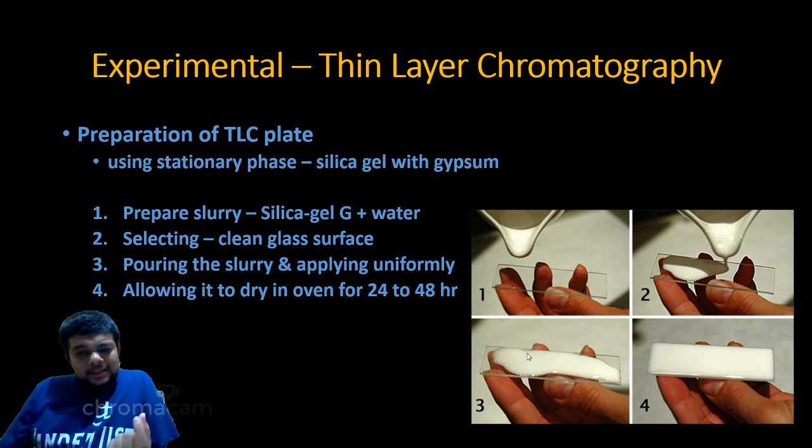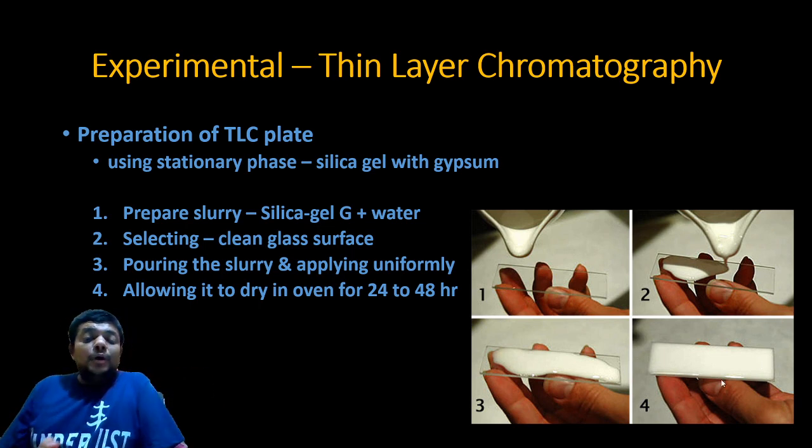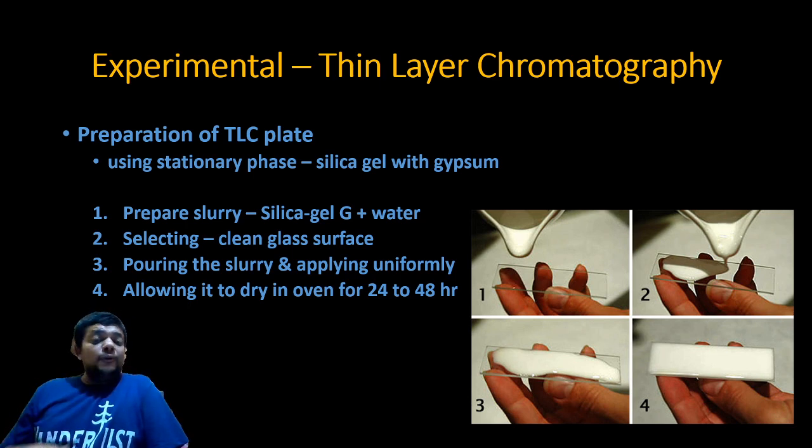You can see the uniform pattern is starting and then you can see a complete uniform pattern is formed. And then you have to allow it to dry in an oven for at least 24 to 48 hours. Mind well, friends, these numbers one, two, three and four are not associated with these numbers.